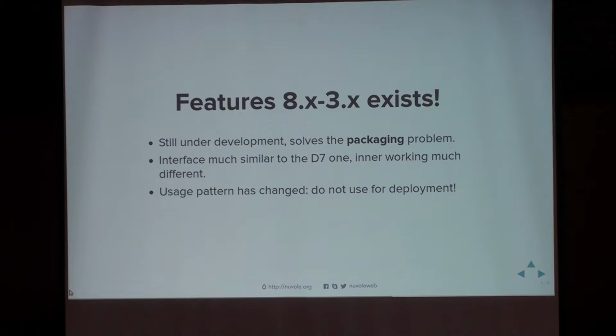The interface is pretty much the same as in Drupal 7. However, it works very differently. And the usage pattern has also changed. So it's not meant to be a production module. It's meant to be a development module. And I will get to this later as well again, because some of the limitations of the configuration management can be solved with features, and you will see.